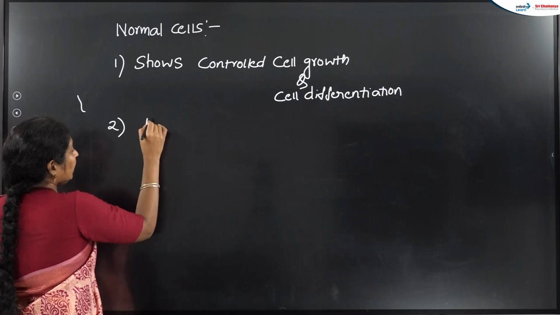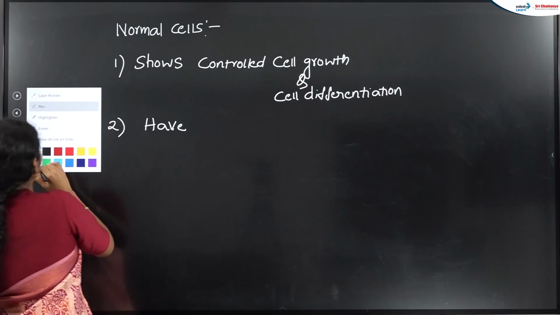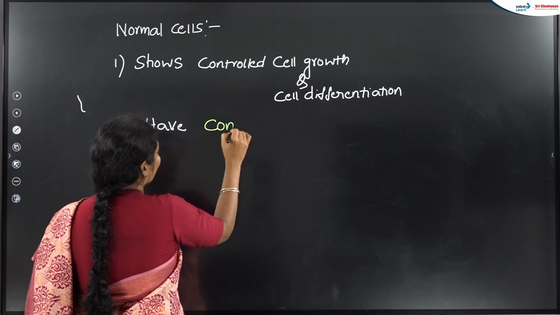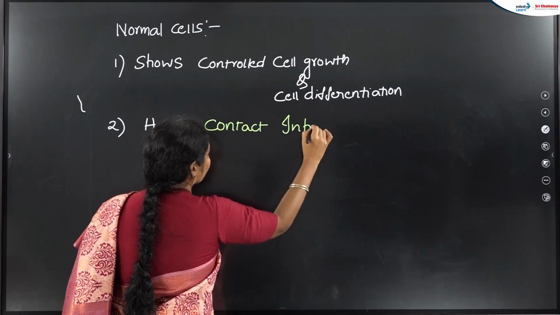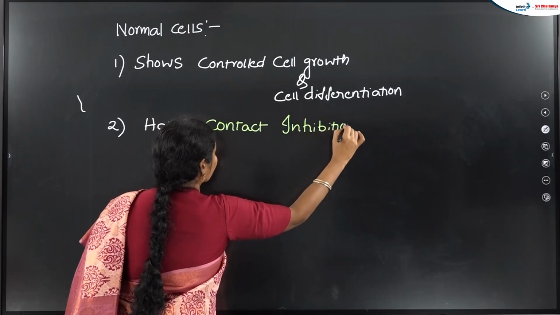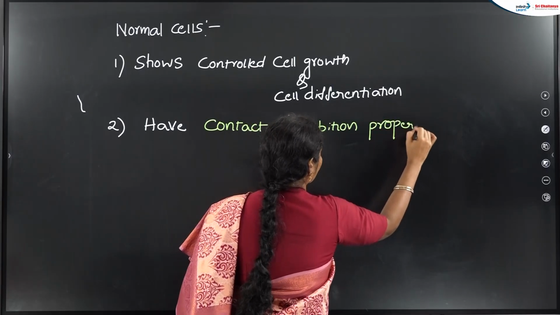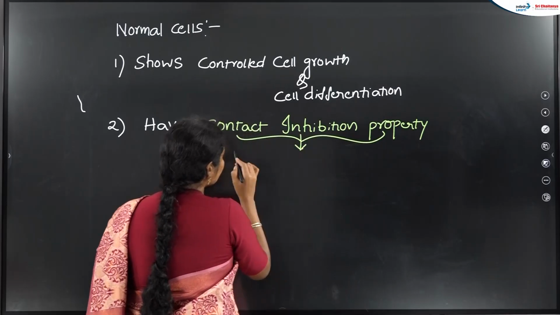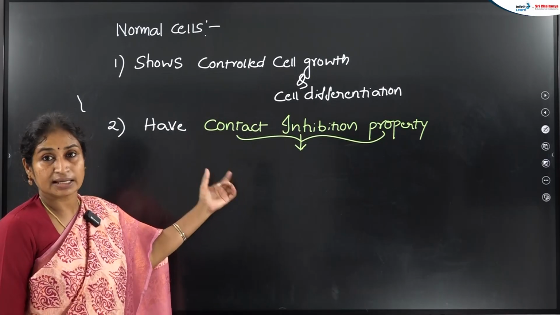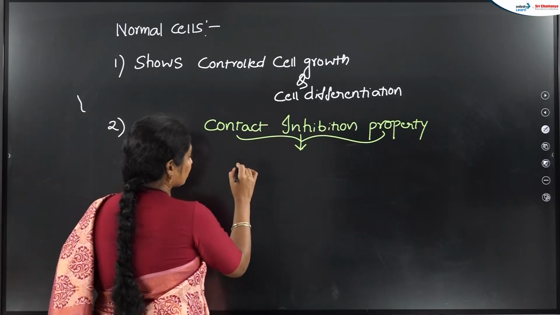Second, they have an important property called contact inhibition. The meaning of contact inhibition is that whenever new cells get attached to the existing cells, they stop cell division.